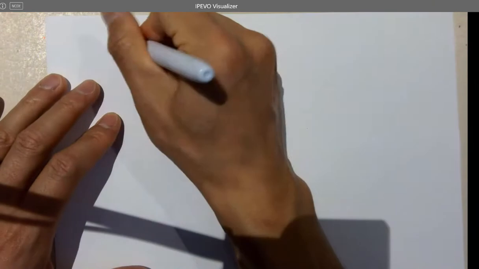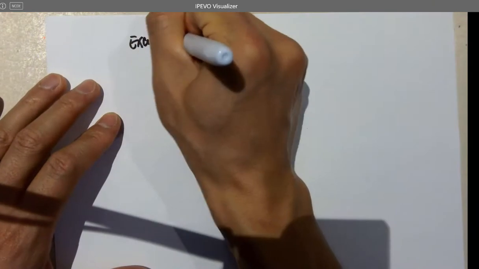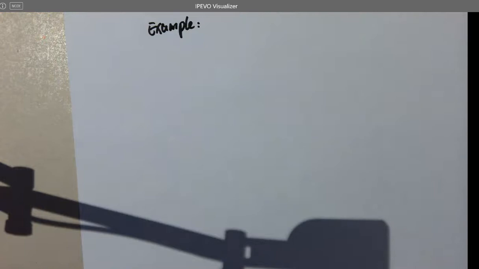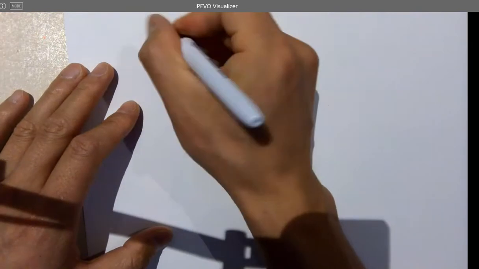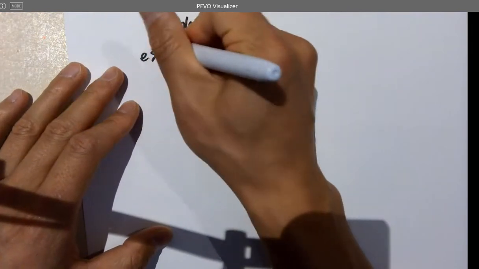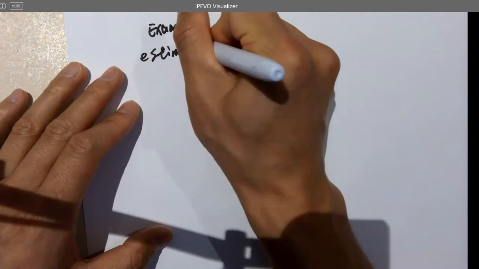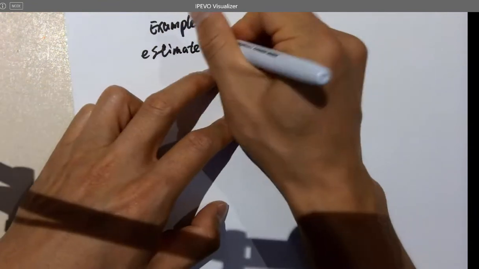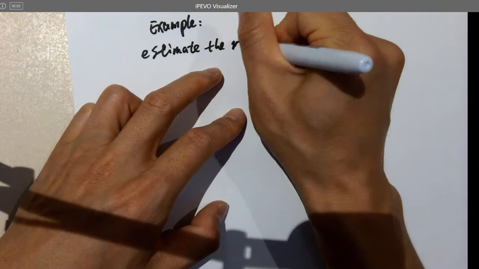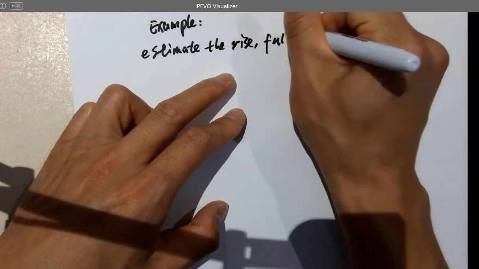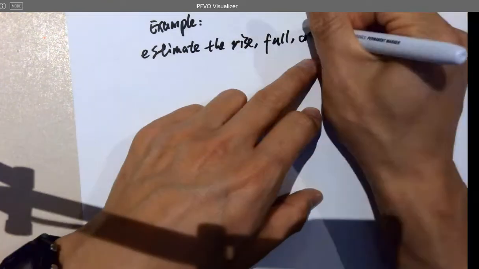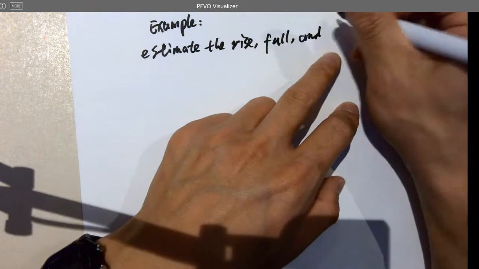Example. Estimate the rise, fall, and delay times.